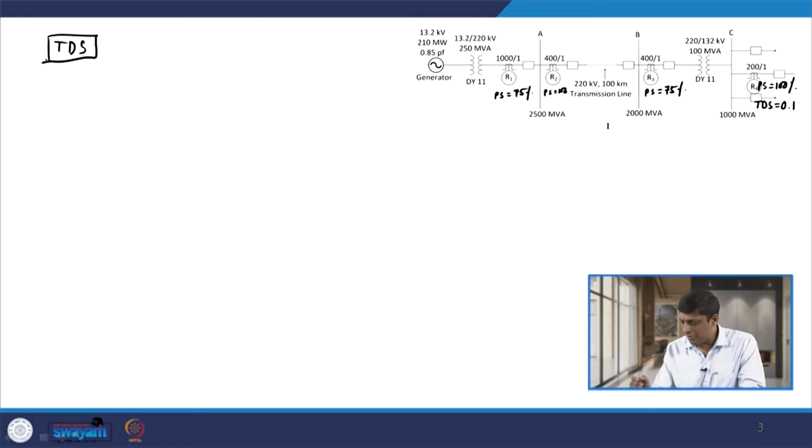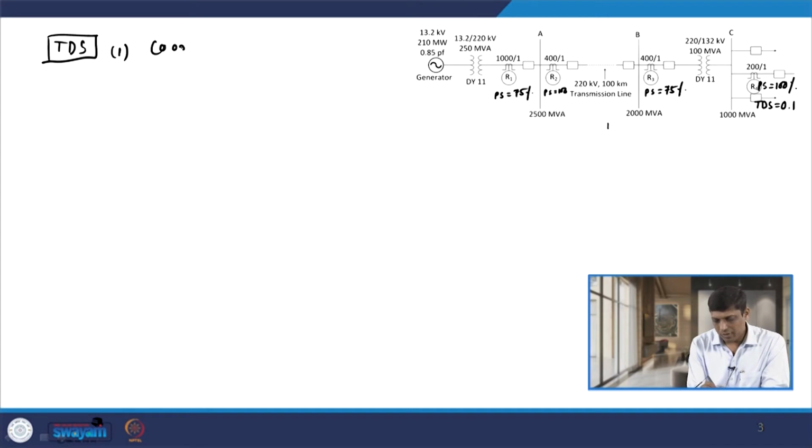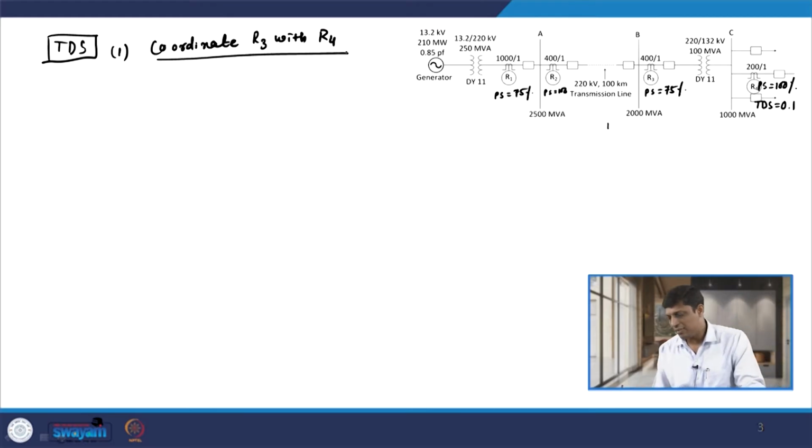So, let us start with the time dial setting of relay R3. First we coordinate relay R3 with R4, because the TDS of R4 is given as 0.1. When we coordinate R3 with R4, the highest fault level near relay R4 is 1000 MVA.